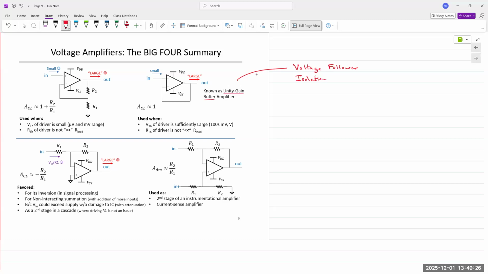So when you feed an input into this op-amp, there is no resistor in the feedback path and no resistor on the input side. The output is exactly the same as the input. So V out is exactly the same as the input V in.